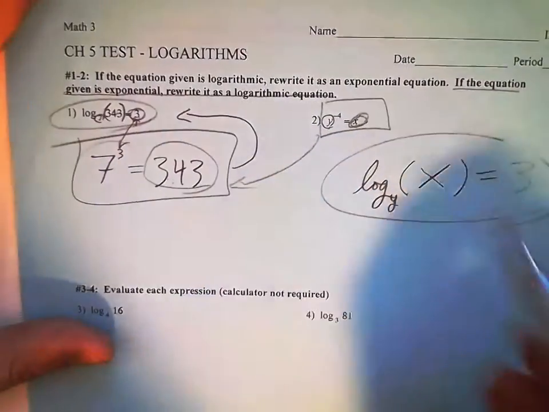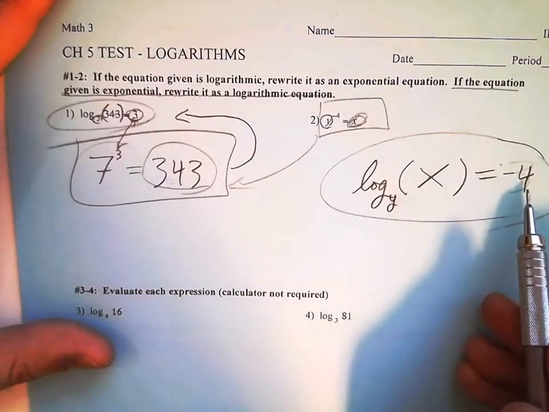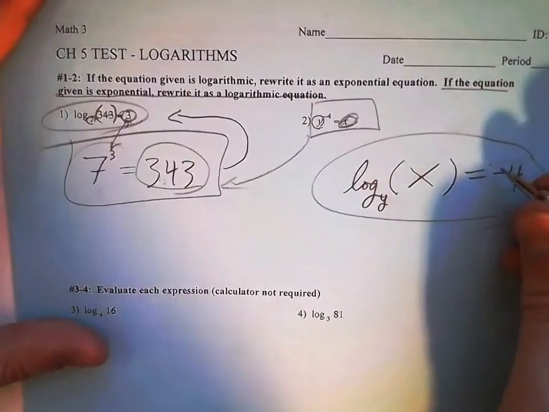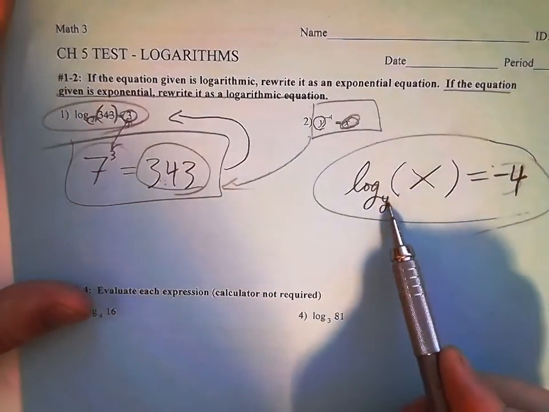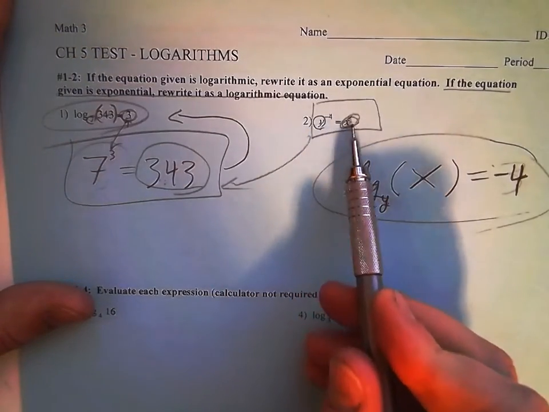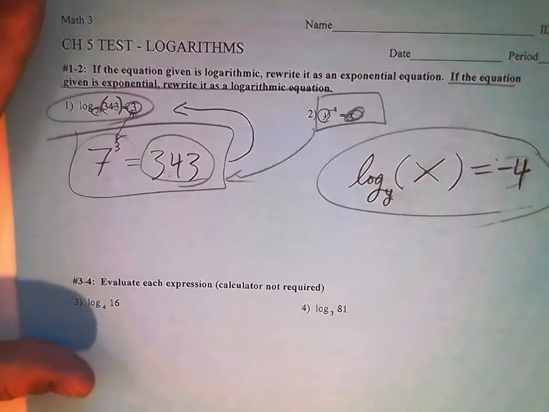I was mixing up these two. So equals -4. Okay, the -4 here is like the 3 over here. There, we're good. Okay. Base to the power equals the thing in the log. Okay, we're good.